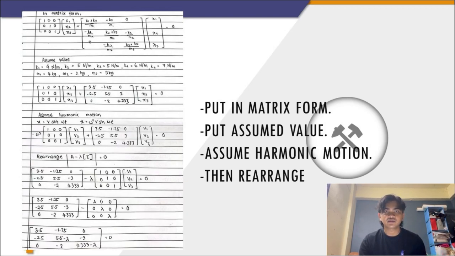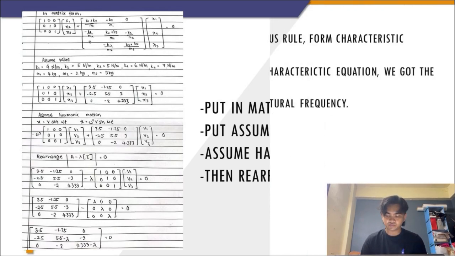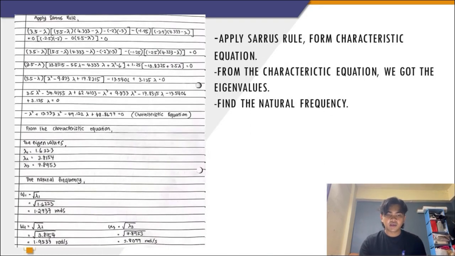we rearrange the matrix form into the form A minus lambda I equal to 0, and then we apply Sarrus' rule to form the characteristic equation.